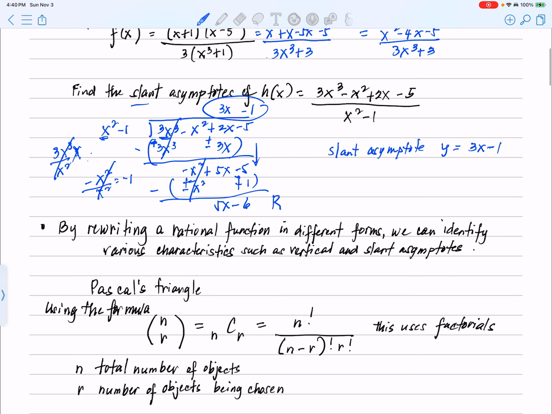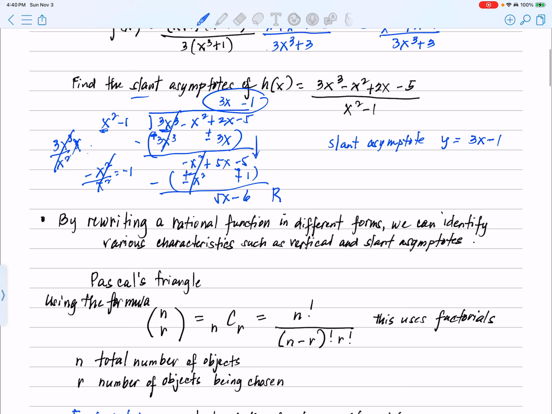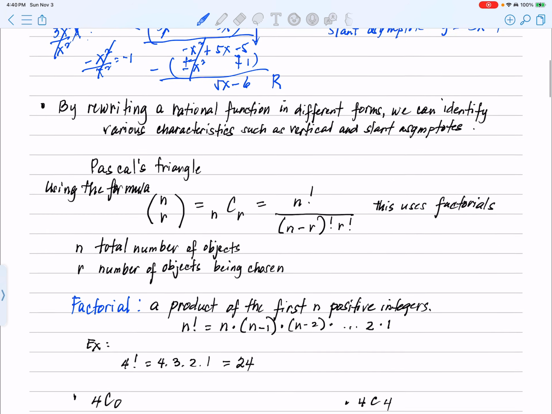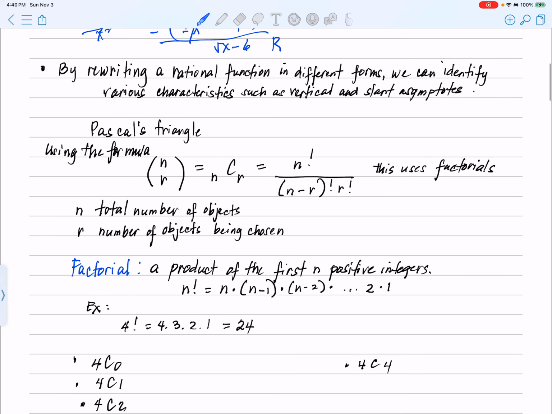By rewriting a rational function in different forms, we can identify various characteristics. As I've said, all asymptotes, horizontal, vertical, and slant, we can find, and the intercepts for polynomials and all those things that we have done already in the previous video.